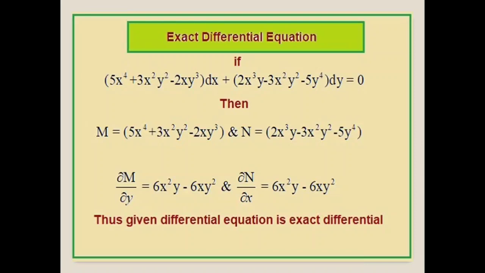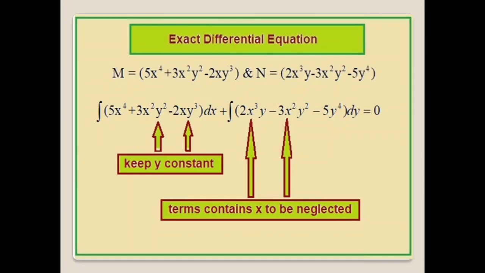From this we can find ∂M/∂y, which is equal to 6x square y minus 6xy square, and ∂N/∂x is equal to 6x square y minus 6xy square. Thus the given differential equation is exact because our condition ∂M/∂y is equal to ∂N/∂x is satisfied.